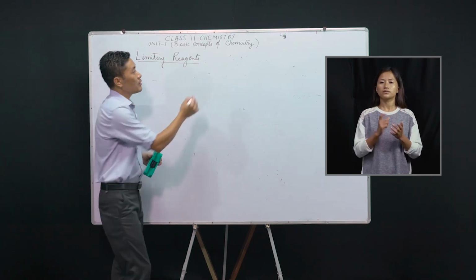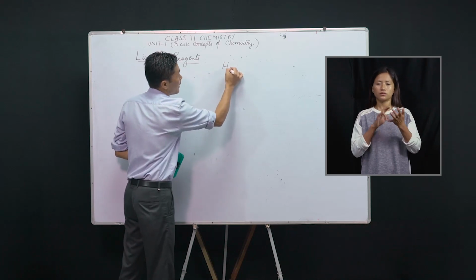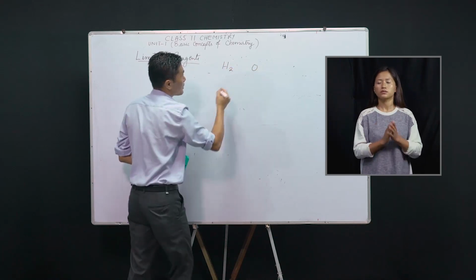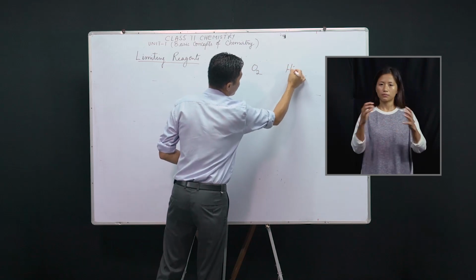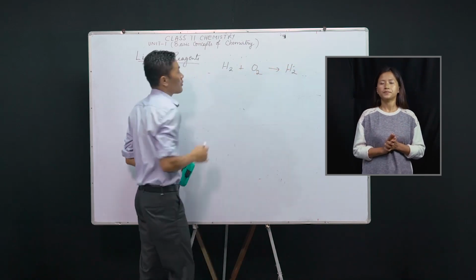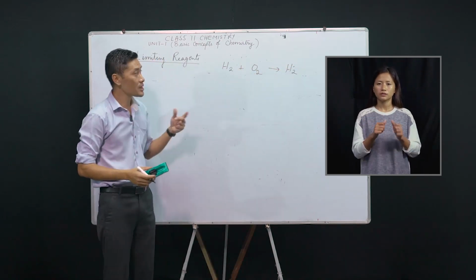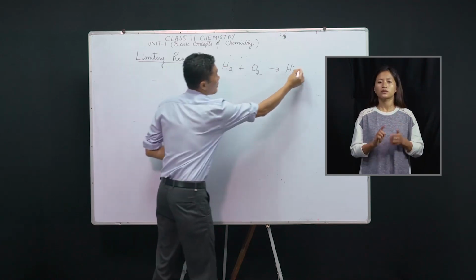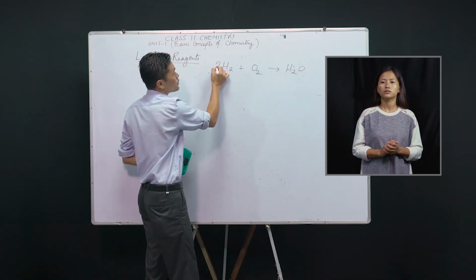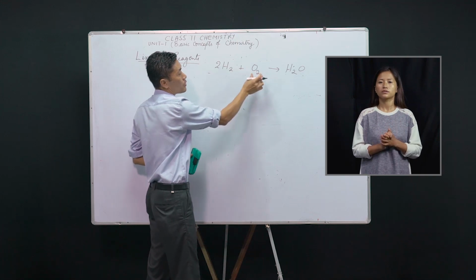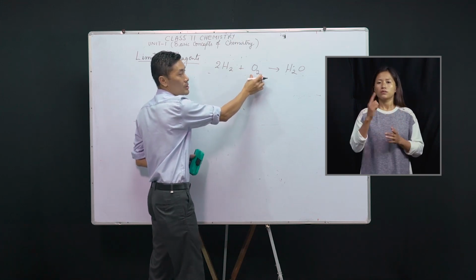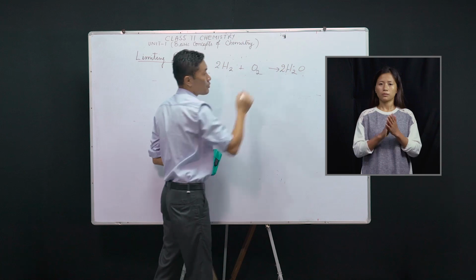For example, hydrogen and oxygen combine to form water. Now, according to the balanced chemical equation, 2 moles of hydrogen will combine with 1 mole of oxygen to form 2 moles of water.